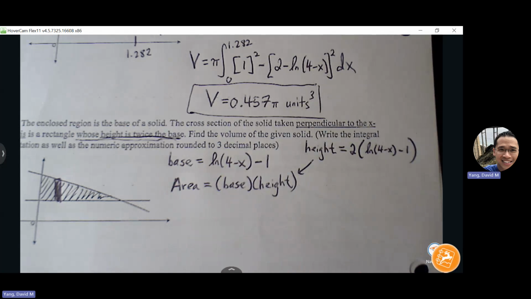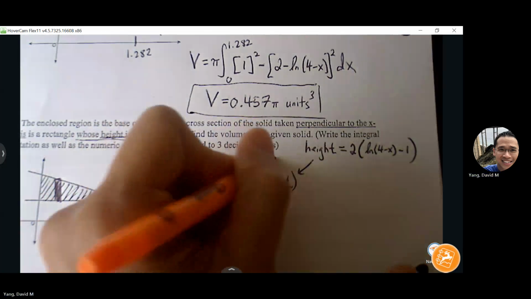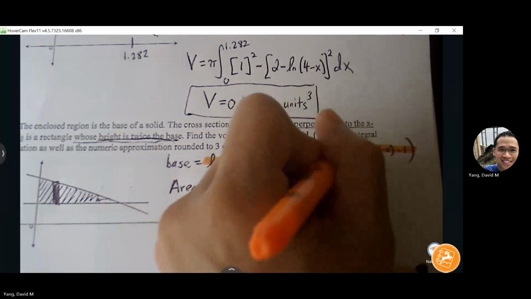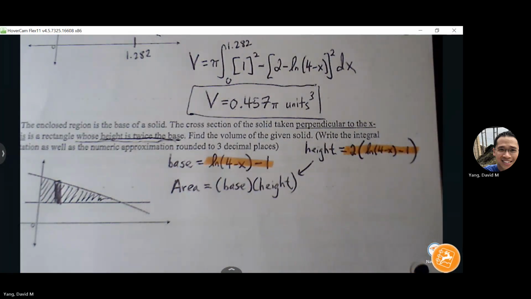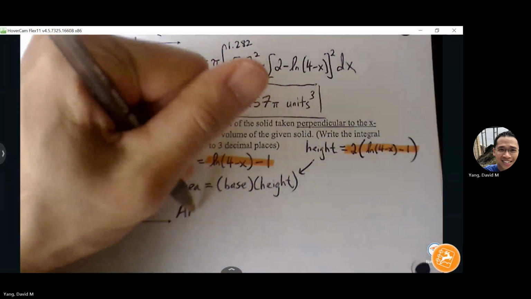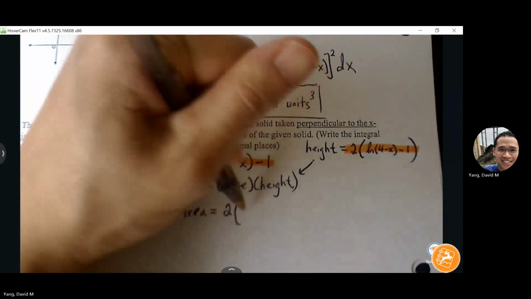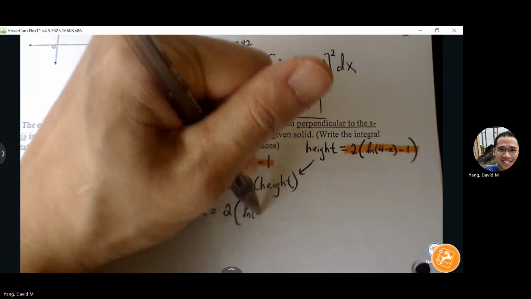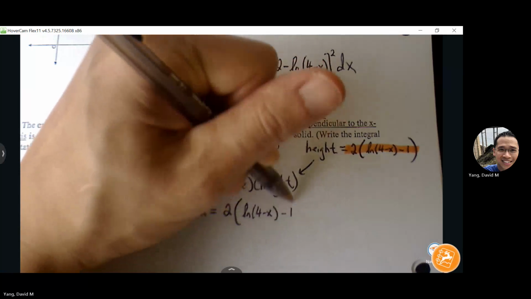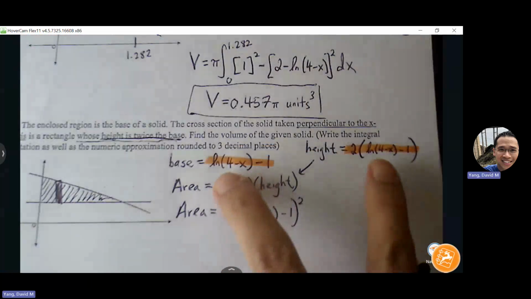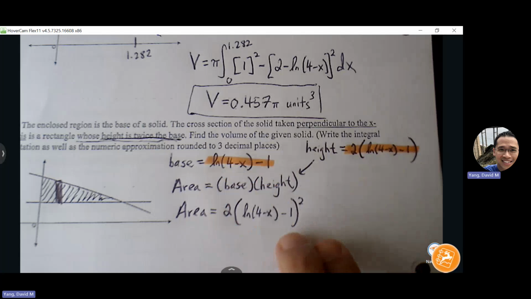So my area is just combining the base and height together. I'm just going to merge the two parentheses together and call it parentheses squared.